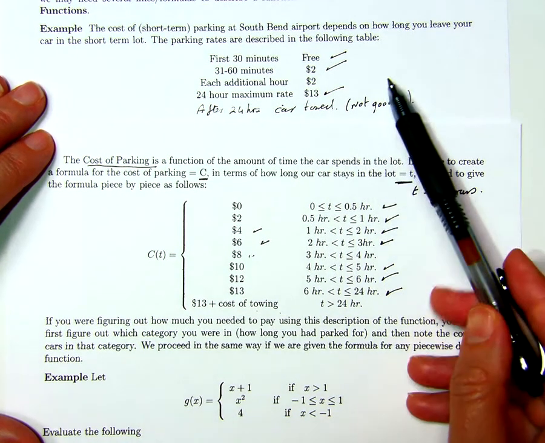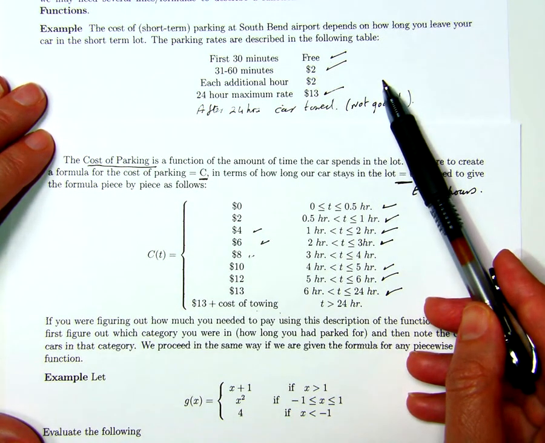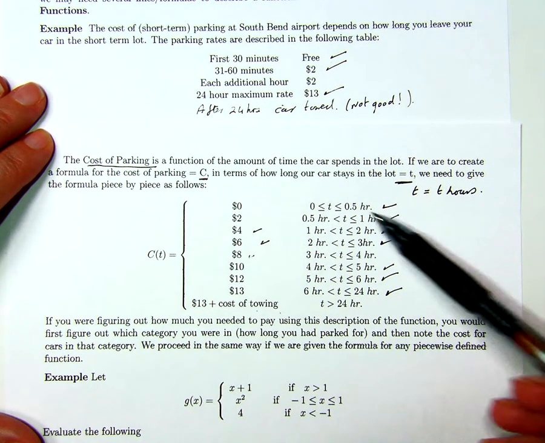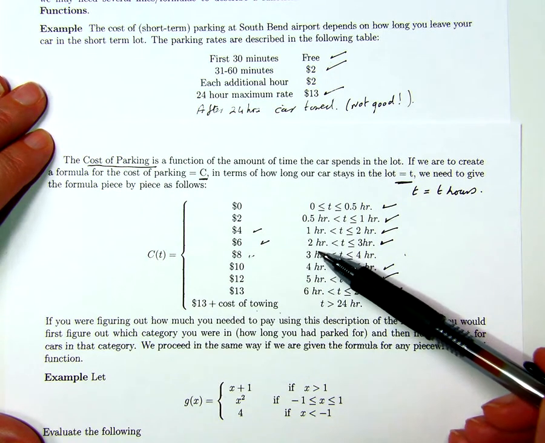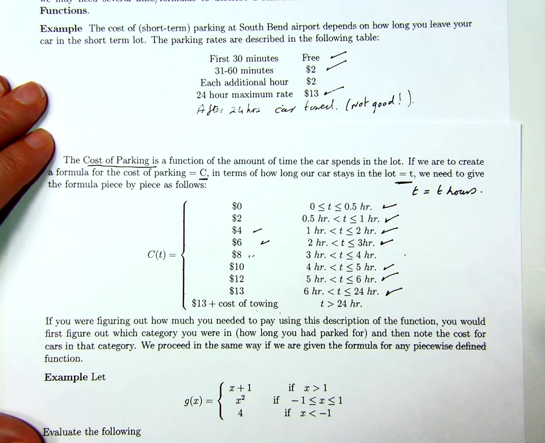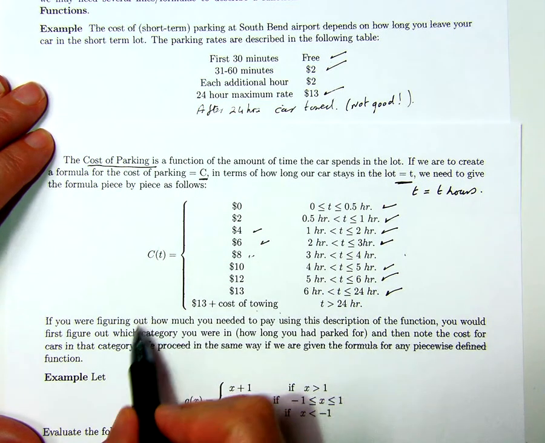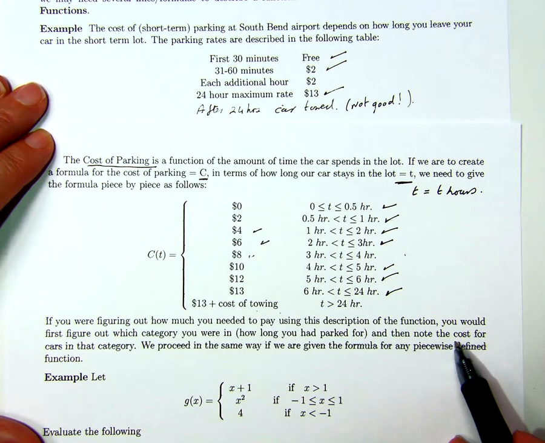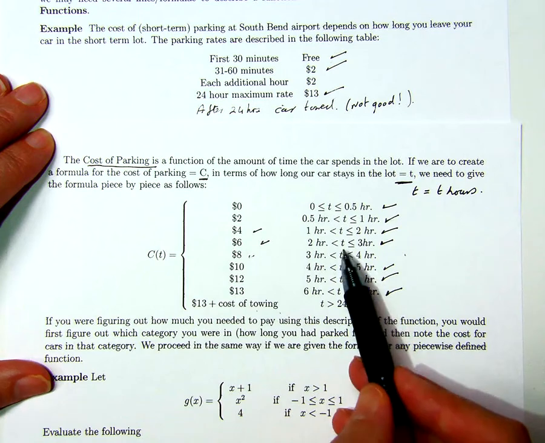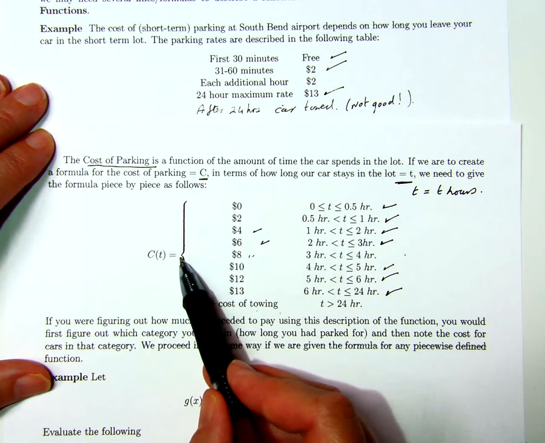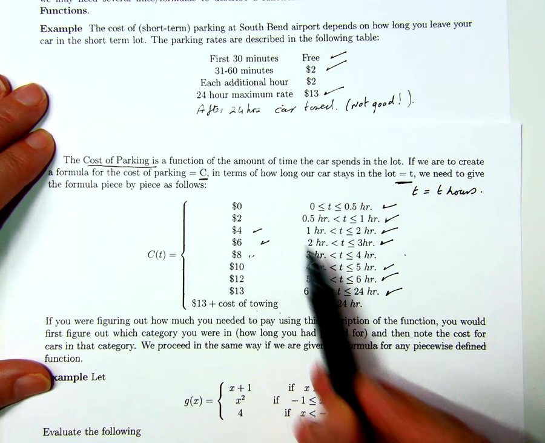In this case, the verbal description is a little more compact than the algebraic description. However, this detail allows us to calculate a little more quickly what the cost of parking is going to be. So if I'm trying to figure out how much I need to pay using this more detailed description, I first figure out how much time my car has spent in the lot, which of these categories it's in, and then what the corresponding value of C of t is.